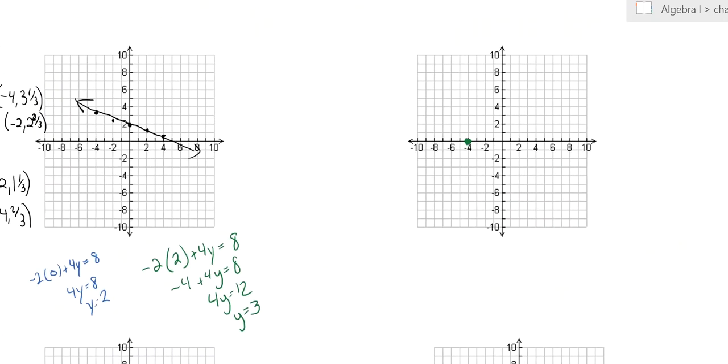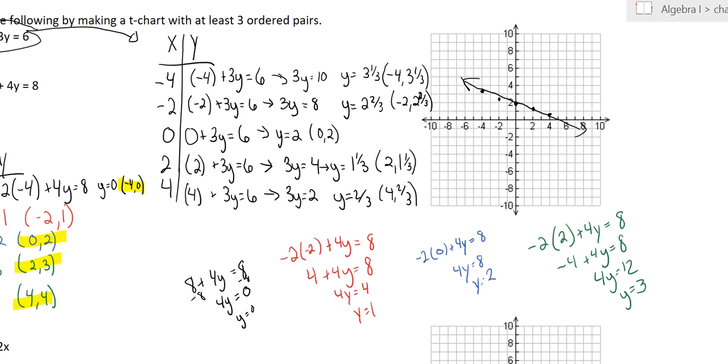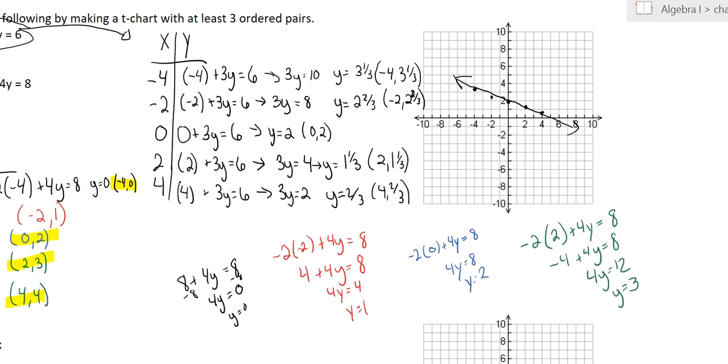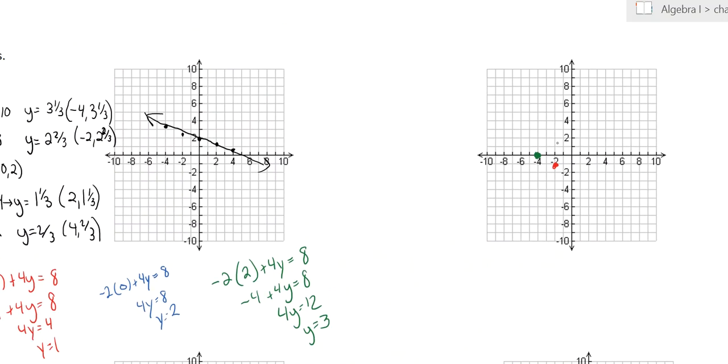Let's put that down. The next one is 0, 2. And you can see I misplaced that, sorry. So negative 2, positive 1, and then 0, 2. The next one that I have will be 2, 3, and finally 4, 4.